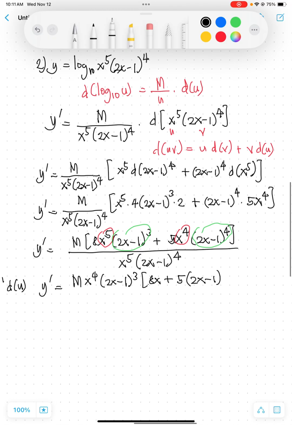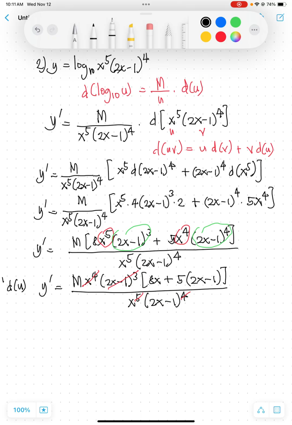Okay? So divided by x raised to 5 and 2x minus 1 raised to 4. So here we can cancel x raised to 4. We can cancel 2x minus 1 raised to 3.